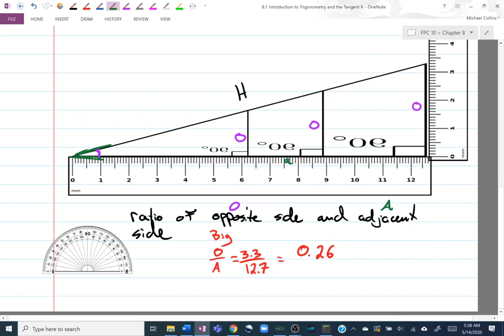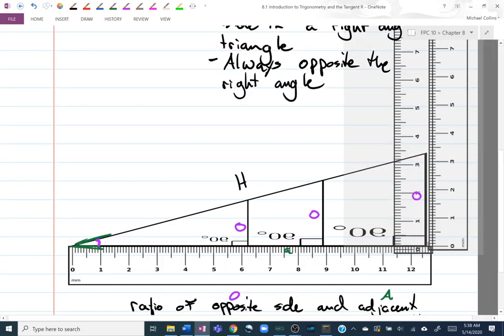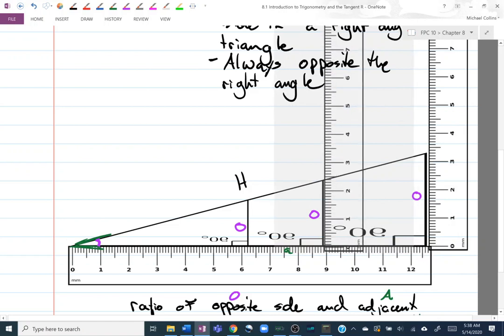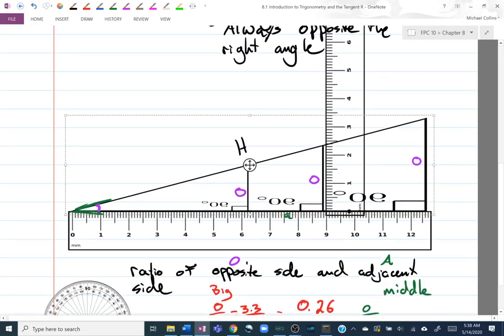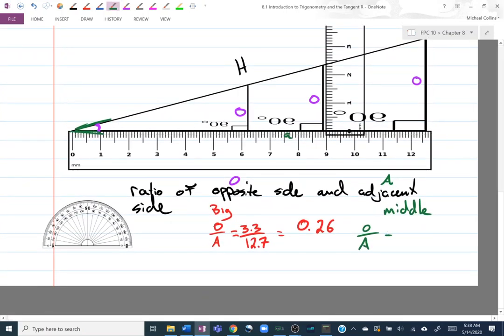If I look at my middle triangle, my opposite over adjacent ratio, now I'm going to have to move my ruler over and see if I can get it in the right spot. I should get about, from the bottom to the top of that triangle, about 2.3 divided by the length of that triangle, which is about 8.